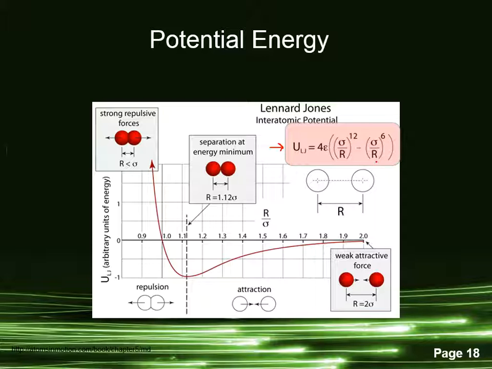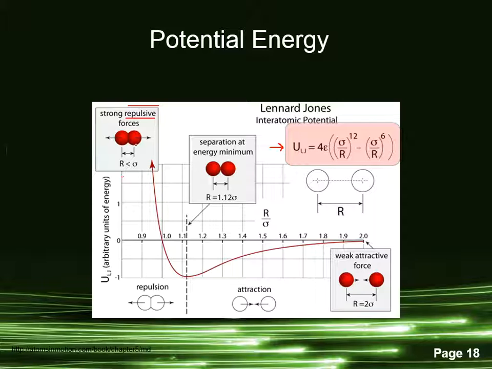In this curve, there are three important parts which we need to know. At the left side, as we move two molecules really close together, for example, by increasing pressure, they're going to push each other. In other words, there's going to be repulsion.